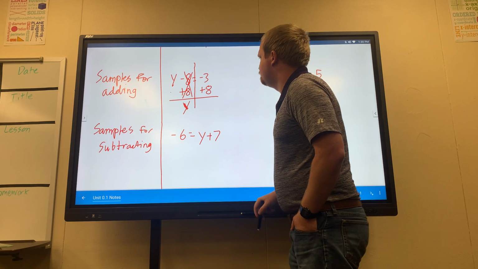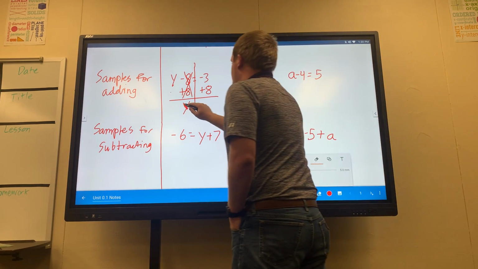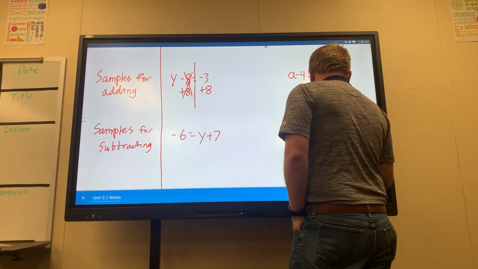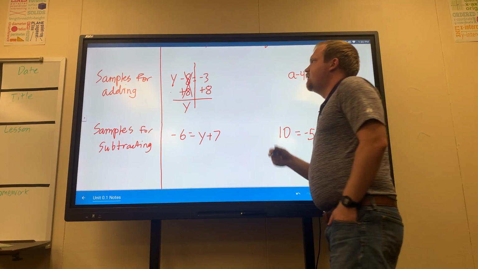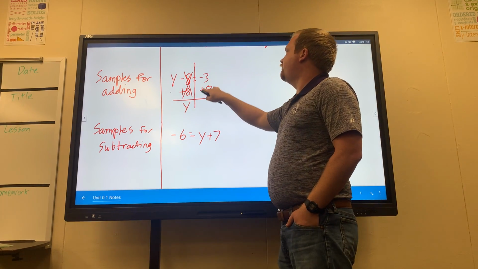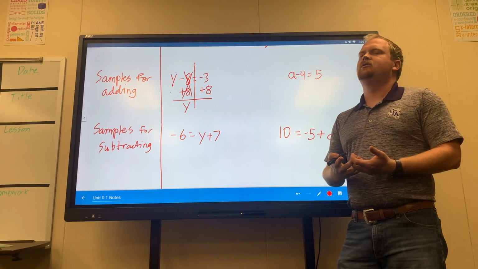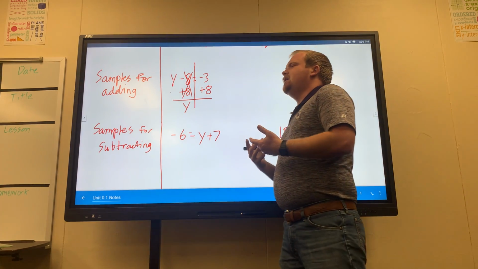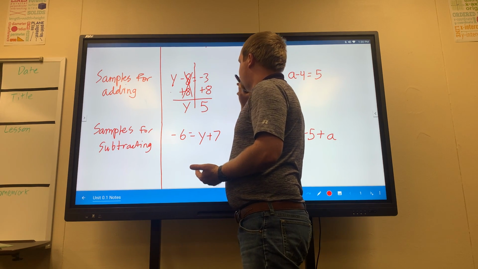Excuse my writing. Now, so I'm having y on the left side. Now I'm going to do negative 3 plus 8. So if I add negative 3 to 8, what I end up getting is the value of 5.